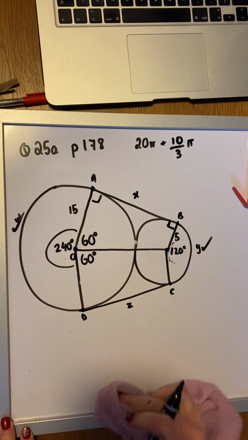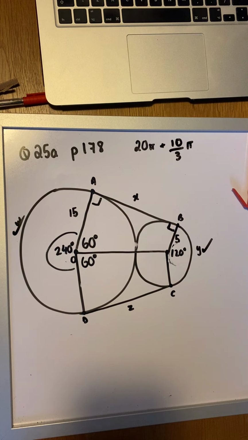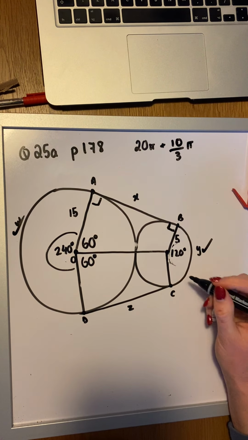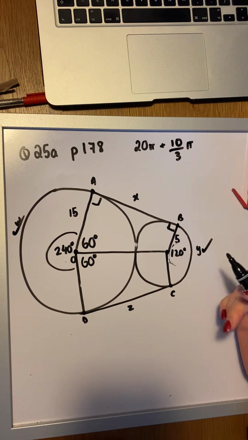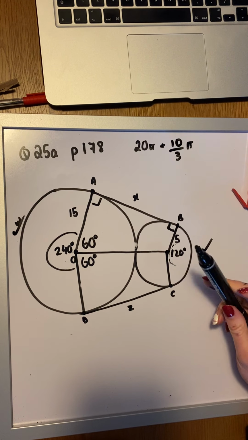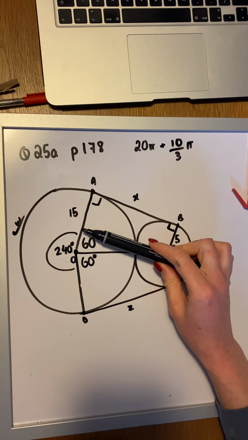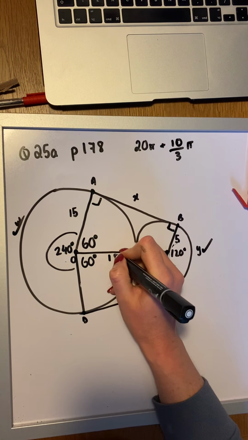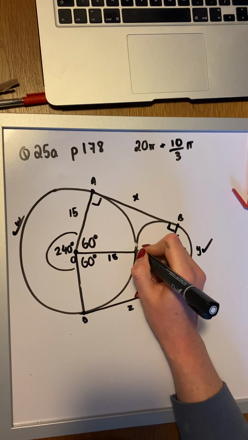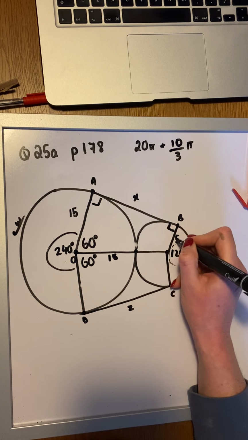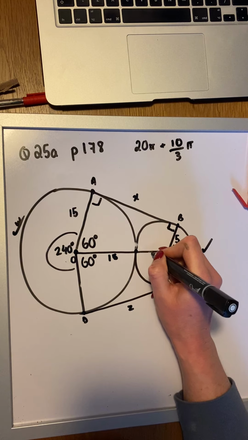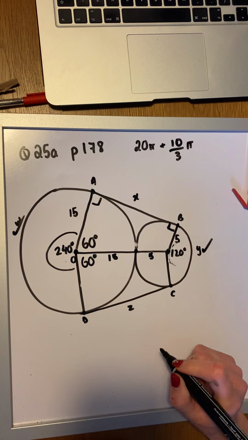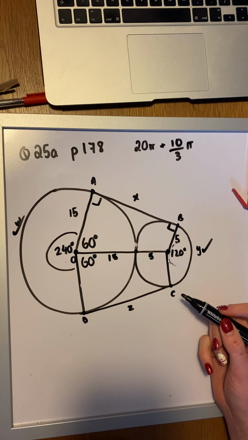Now, because we have right angles involved here, we need to make sure that we retain the right angle. The only way of doing that is by creating a right angle triangle. So we know, for example, that the distance from the center of this circle to this point here is 15, and the center of this circle to this point here is 5. So we know that this line here is 15 plus 5, which is 20.